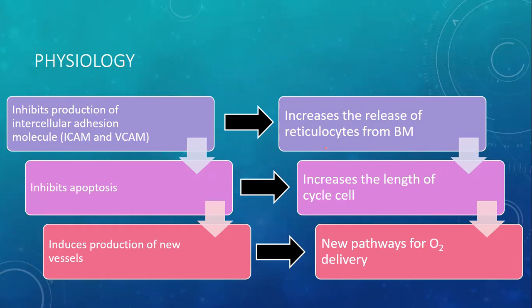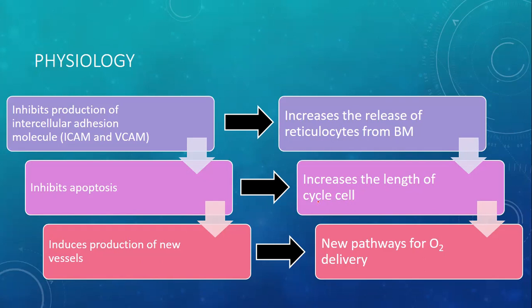So since it inhibits the production of intercellular adhesion molecules, which are ICAM and VCAM, it increases the release of reticulocytes from bone marrow, right? So these cells, you already know, are young red blood cells, right? So the young cells are released to the bloodstream from the bone marrow. And since this molecule also inhibits apoptosis, it increases the duration of the cell cycle. So the cells that are supposed to die, in quotes, live longer, okay? So they keep working in a diminished manner, but they keep working.